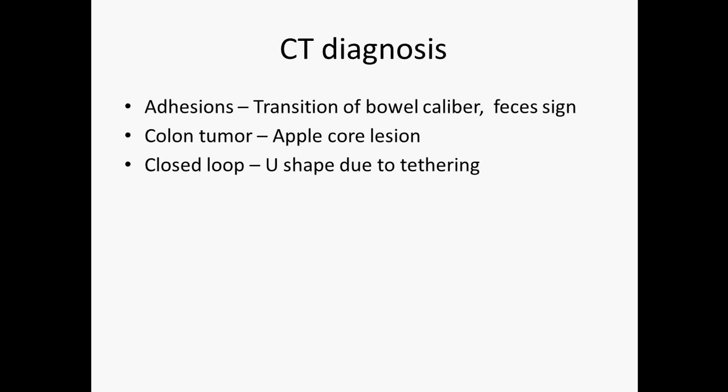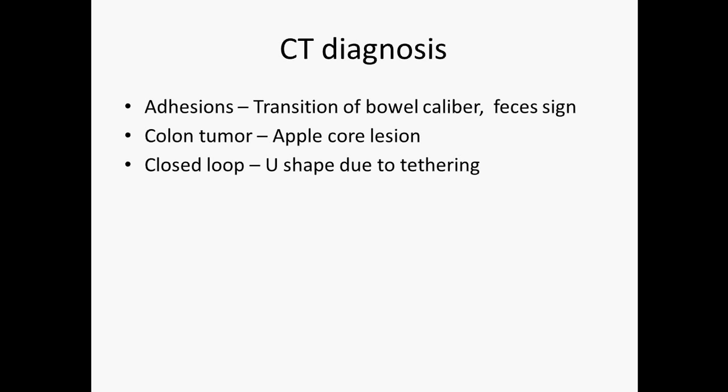On the CT, there's something that they call an apple core lesion. You can also see these with a barium swallow, but you probably don't want to be doing barium swallows if you suspect a bowel obstruction, at least a complete bowel obstruction. So this will be where you can see a narrowed spot that is constricted by a tumor which surrounds the bowel.